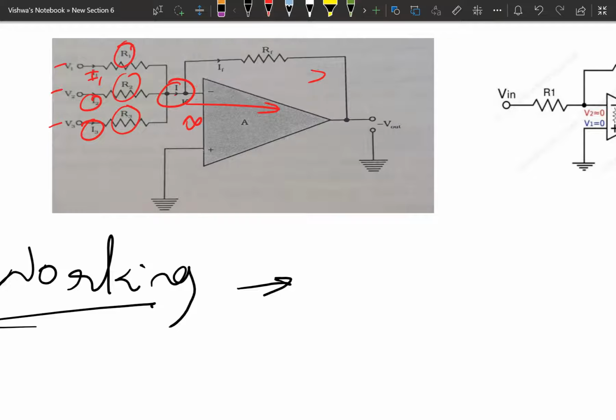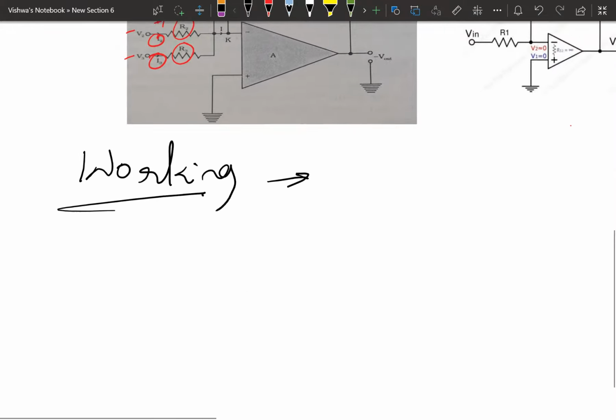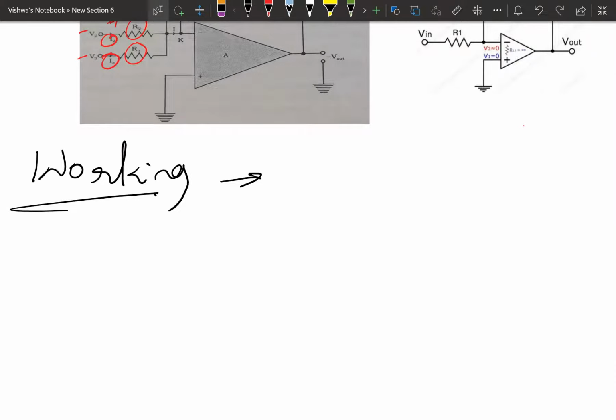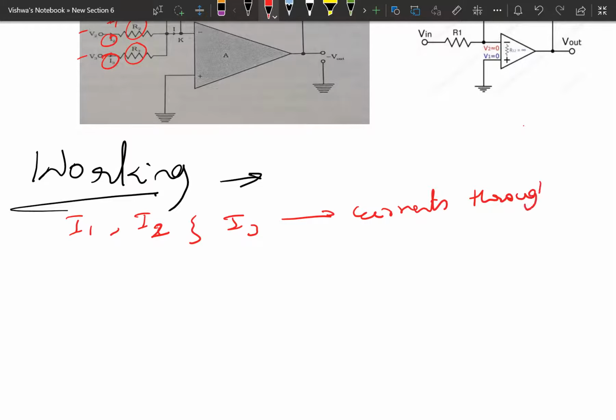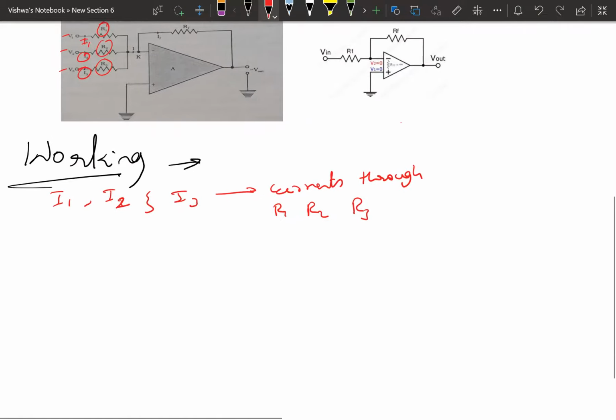Using this concept, we are going to derive the expression for output voltage. Let I1, I2, I3 be the currents through R1, R2 and R3. Now write the equation for these currents by applying Ohm's law.